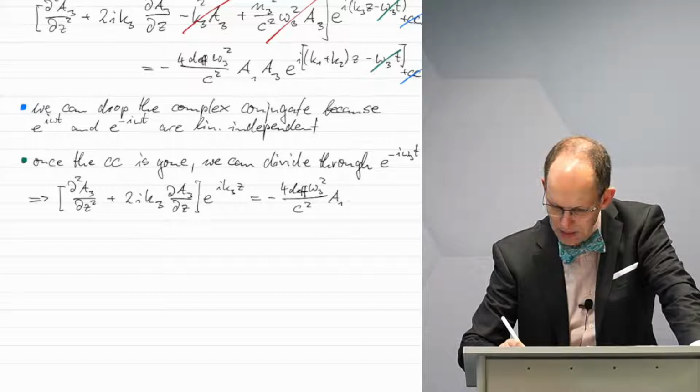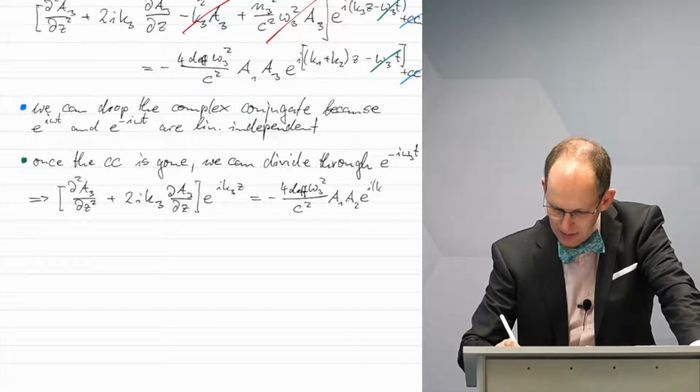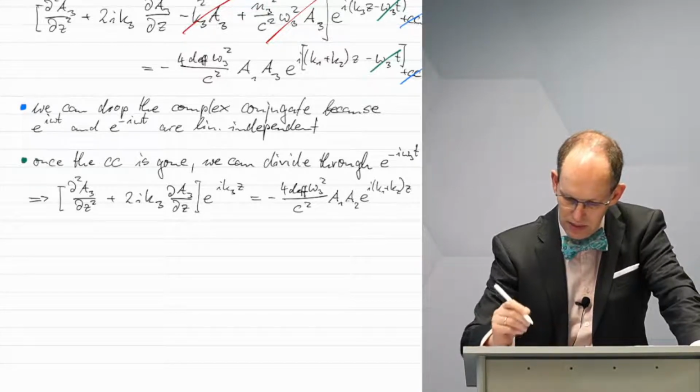Please remember that A1 and A2 also depend on z. And then e to the ik1 plus k2 times z. So that's equation 27.